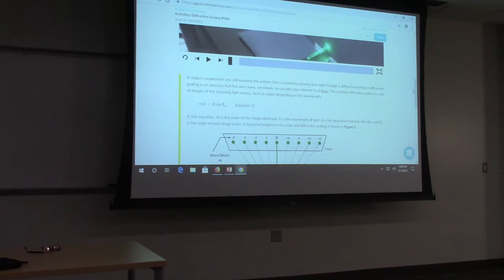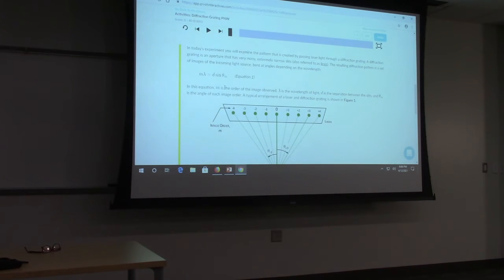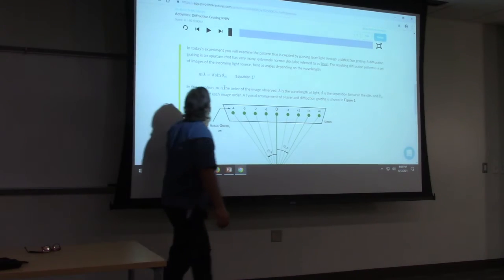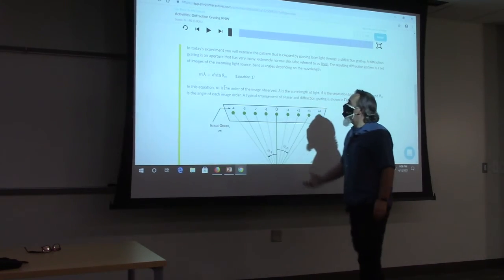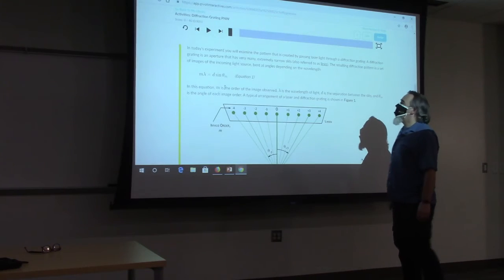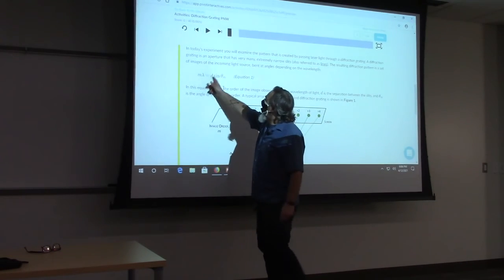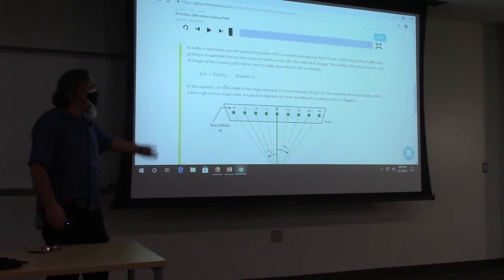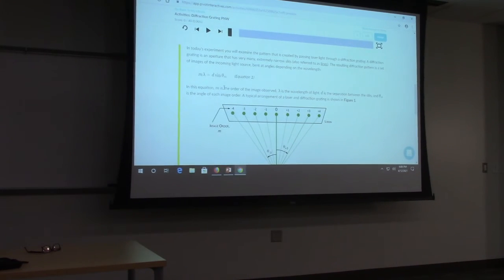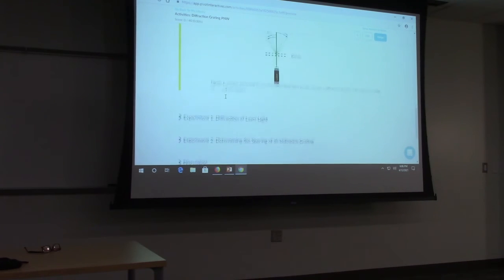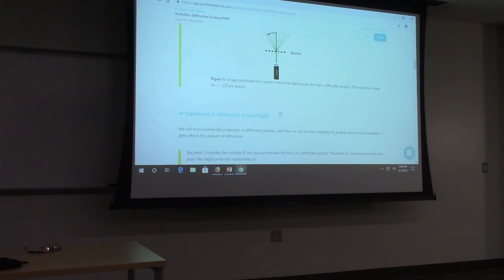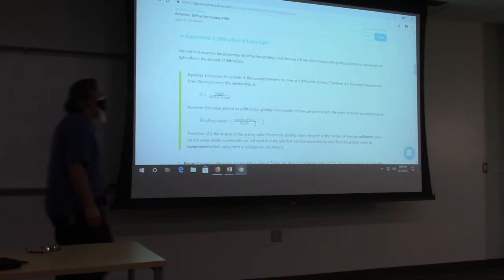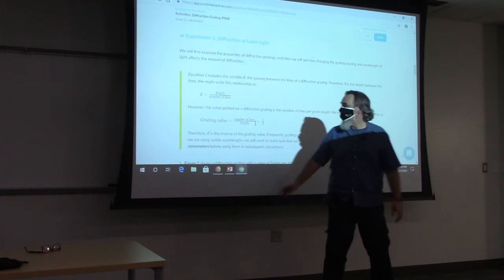So here's the equation here that governs the behavior of diffraction gratings. M times the wavelength is d sine theta. But just be careful what this value of d is. This value of d is the size per slit. The value that they give here in the lab is something that is called the grading value, the lines per millimeter or something like that.